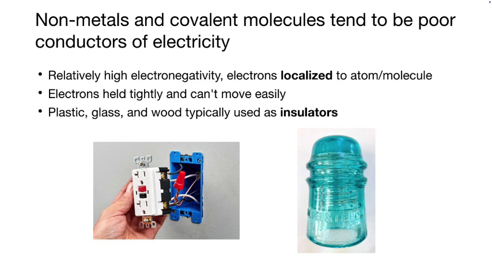So if we're looking at a metal where they're all connected to each other, they don't want to hold on to their electrons. They let those go free. But if we look at nonmetals, on the other hand, they have much higher electronegativities, which means what are they doing with their electrons? They're holding them. They're preventing that motion of electrons through the system. Because they're preventing that motion of electrons, that's why we would reference these as non-conductors.